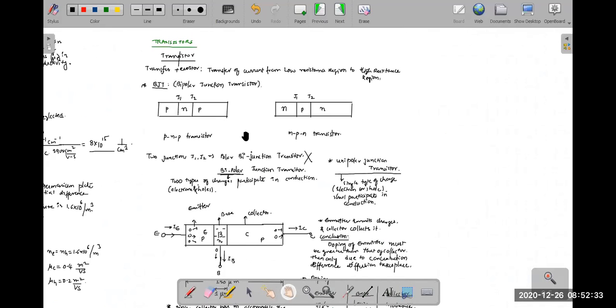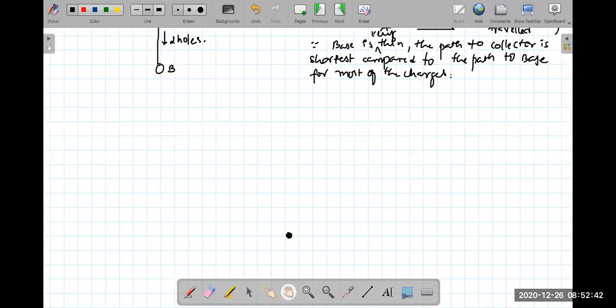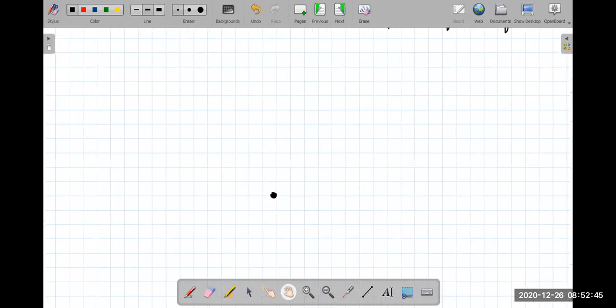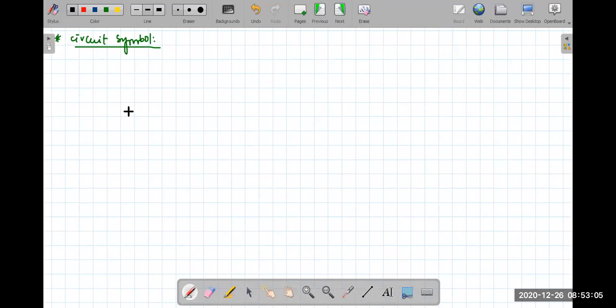Because we cannot always draw the shapes, we have a symbol for this also. Let me draw a PNP and NPN transistor, then I'll draw the symbols.